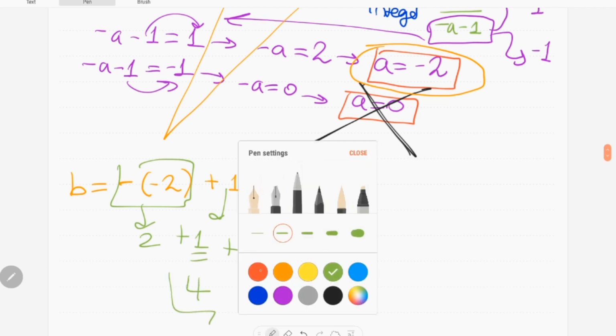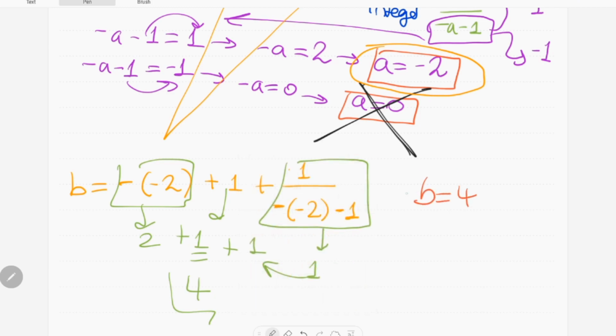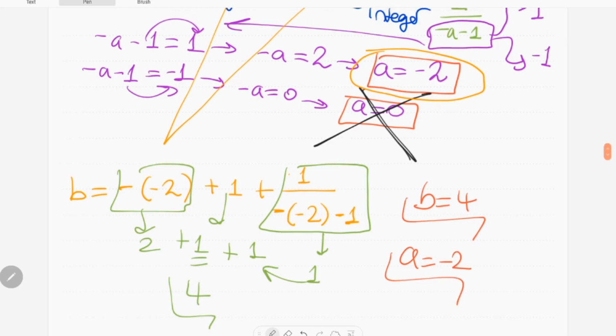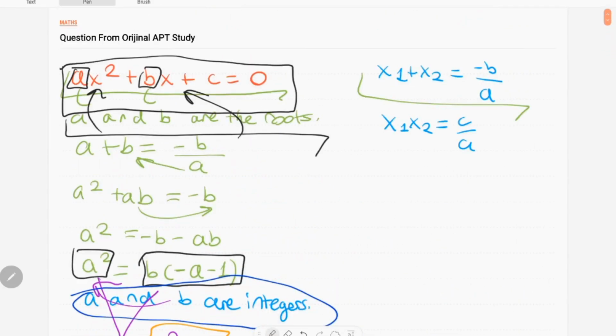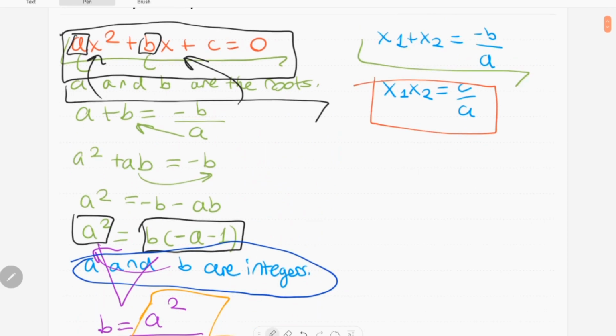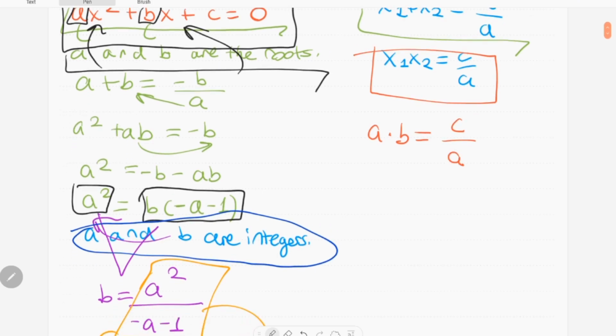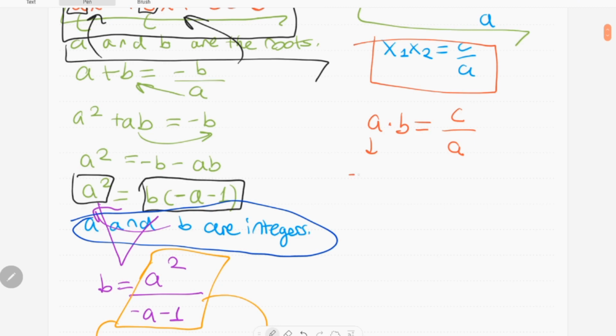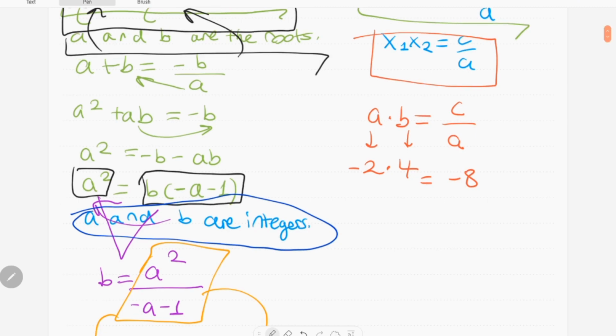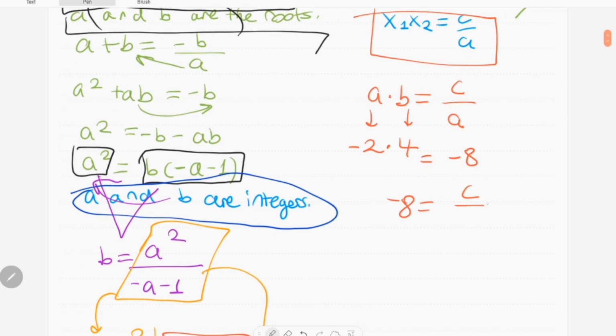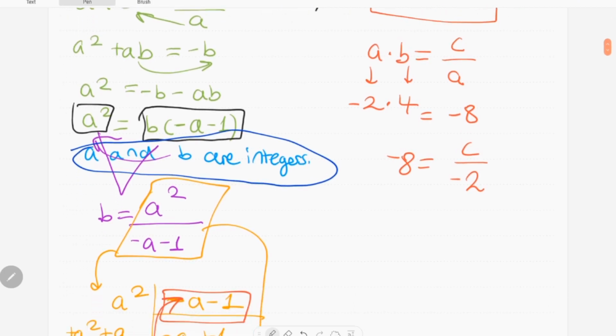So I found out that b is 4 and a is minus 2. Let me go through the top. I know this equation: a times b is c divided by a. If a is minus 2 and b is 4, that means this is minus 8. If minus 8 is c divided by minus 2, then c is 16.